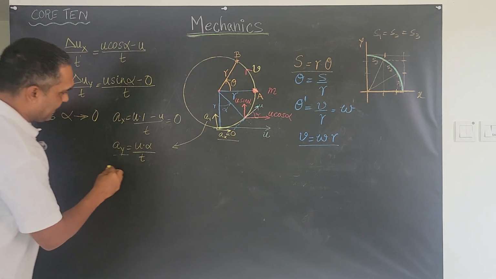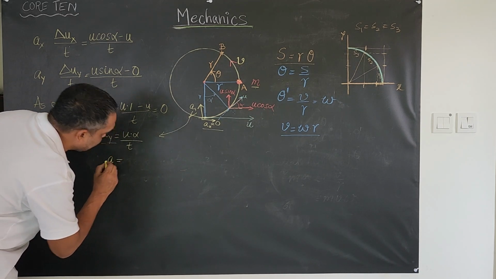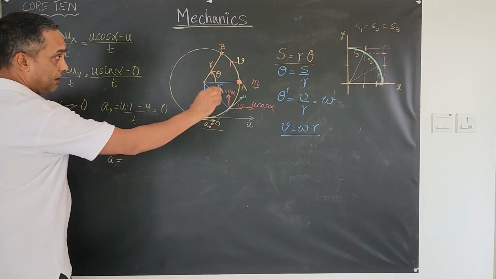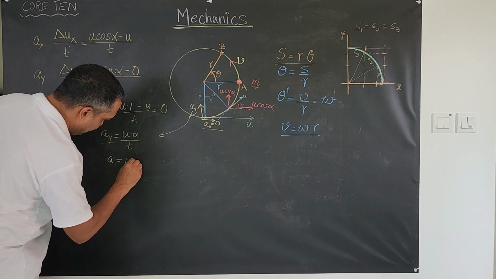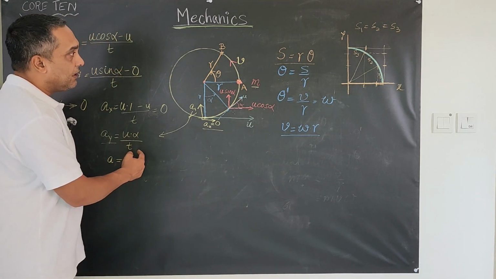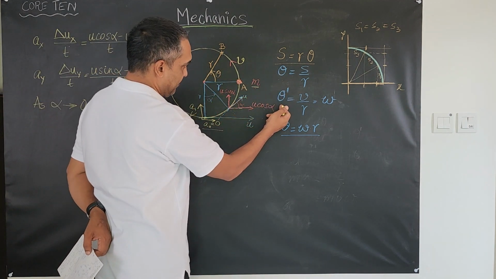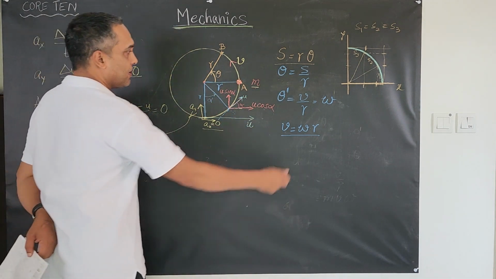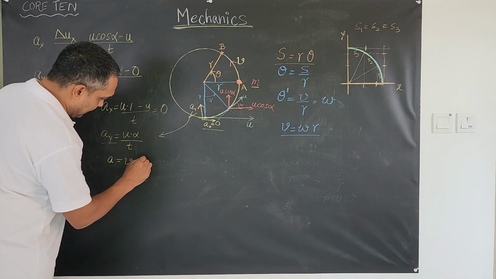So you can just write this as A is equal to, going back to the old notation, velocity v times the change in angle for change in time, which is theta prime, or omega here, which is angular speed.